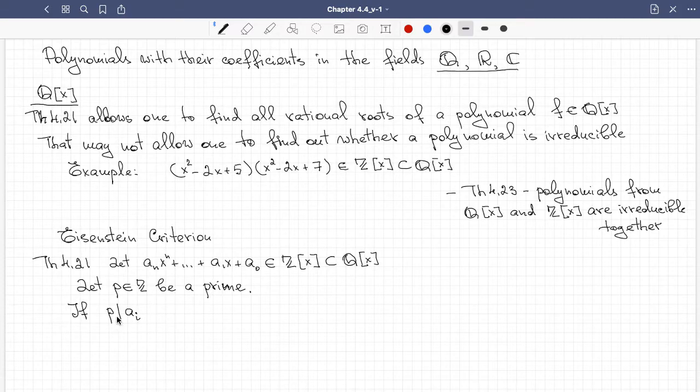So p divides a_i for i from 0 up to n minus 1. p does not divide a_n, and p squared does not divide a_0.